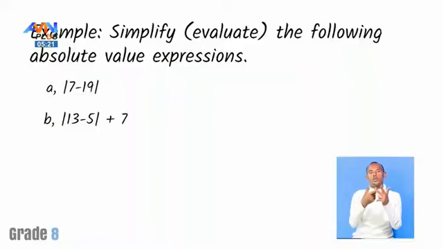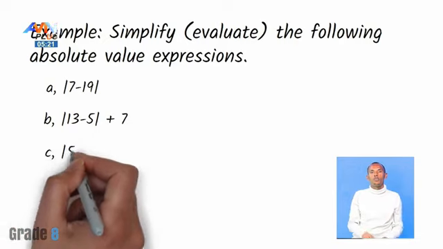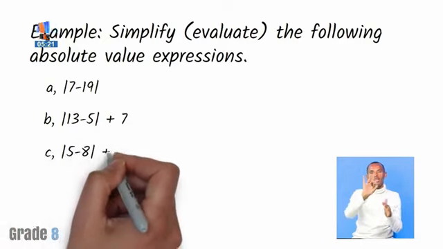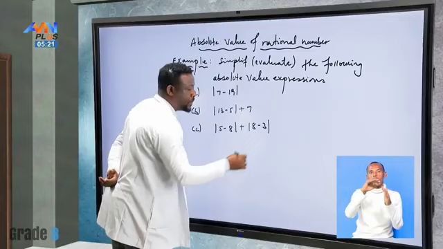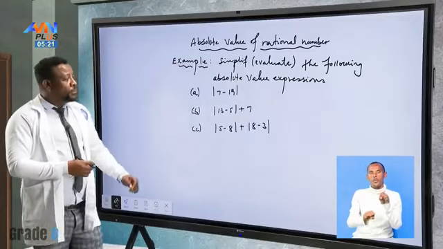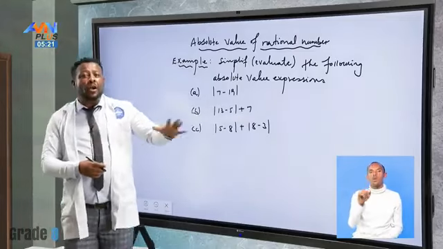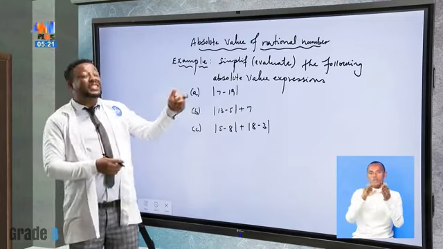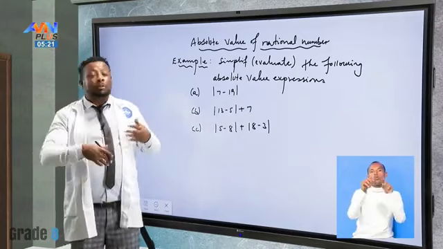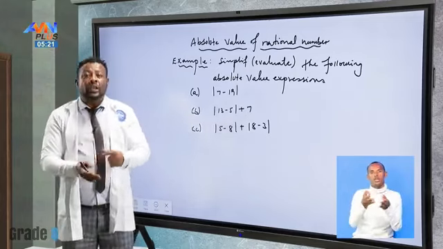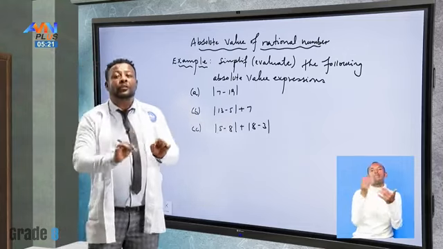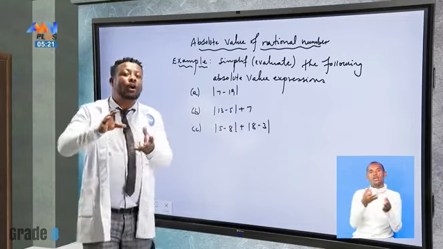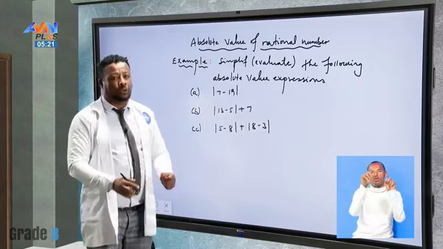And the third one is the absolute value of 5 minus 8 plus the absolute value of 8 minus 3. Okay, so if you are asked to evaluate this kind of absolute value expression, the first thing that you need to do here is simplify the expressions found inside the absolute value.